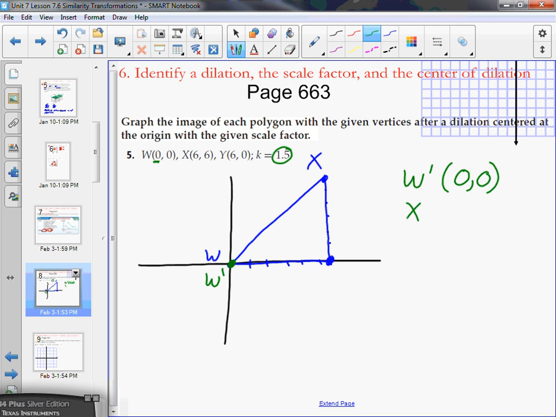Now I'm going to find X prime. To get the x-coordinate of X prime, I multiply 6 by 1.5. What is 6 times 1.5? 9. Well then, what's the other 6 times 1.5? So X prime is 9, 9.